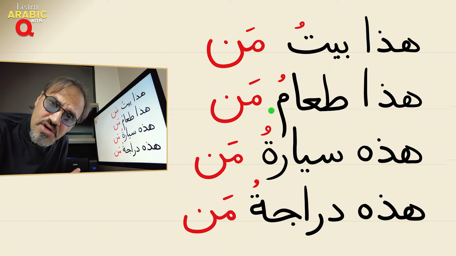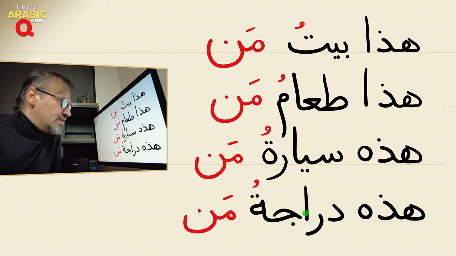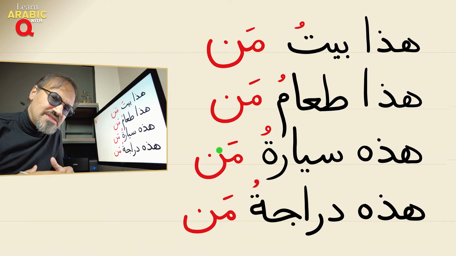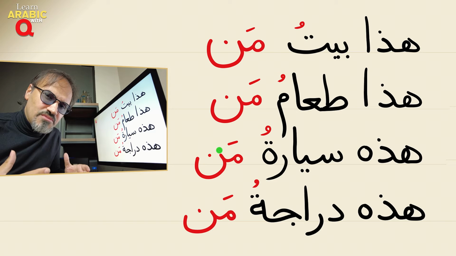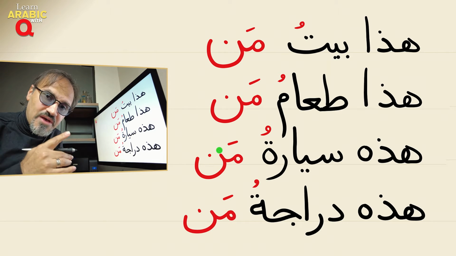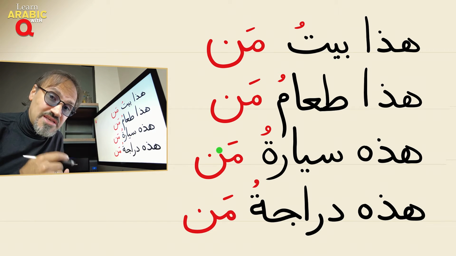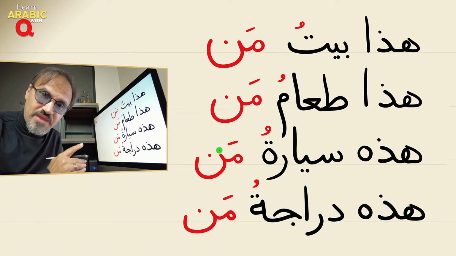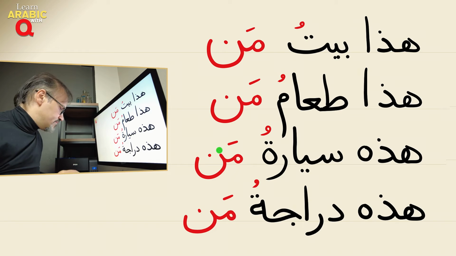This is Noor's car. هذه دراجة من. هذه دراجة محمد. Now, if you notice, sentences are starting to form. We started from a simple هذا بيت. Now, we can say who that house belongs to. هذا بيت أحمد. Let's write that down.